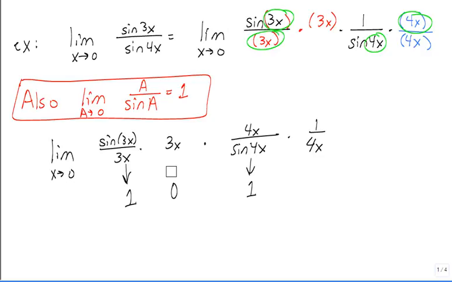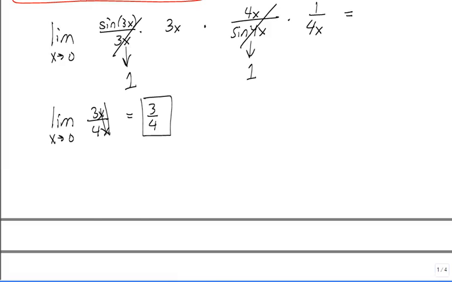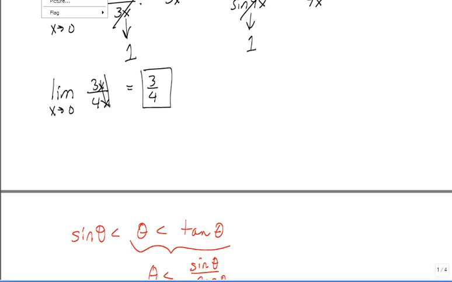Okay, that doesn't go to 0. I can't change that because the x's are going to cancel out. Okay, so that goes to 1, that goes to 1. 1 times 1 is 1. Then I have a limit, x goes to 0 of 3x over 4x. The x's cancel. And that gives us 3/4. So again, it's important how you work the problem.